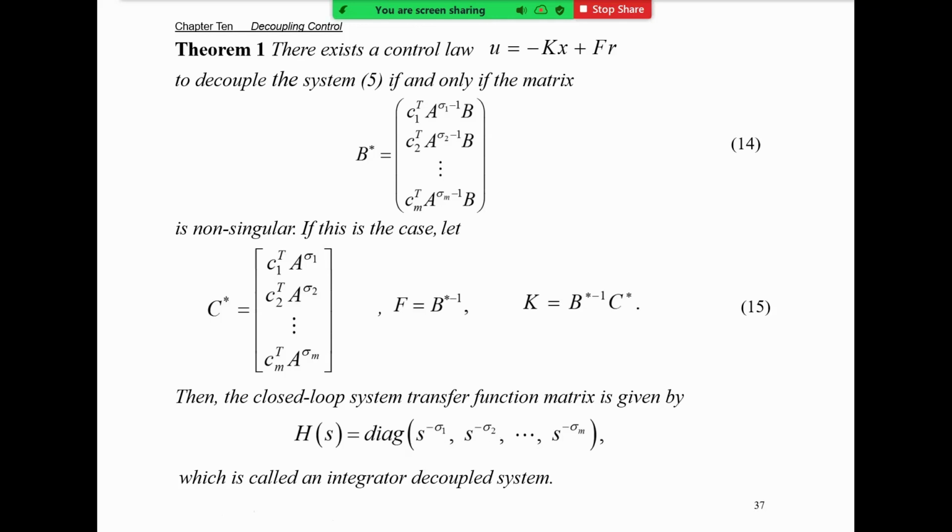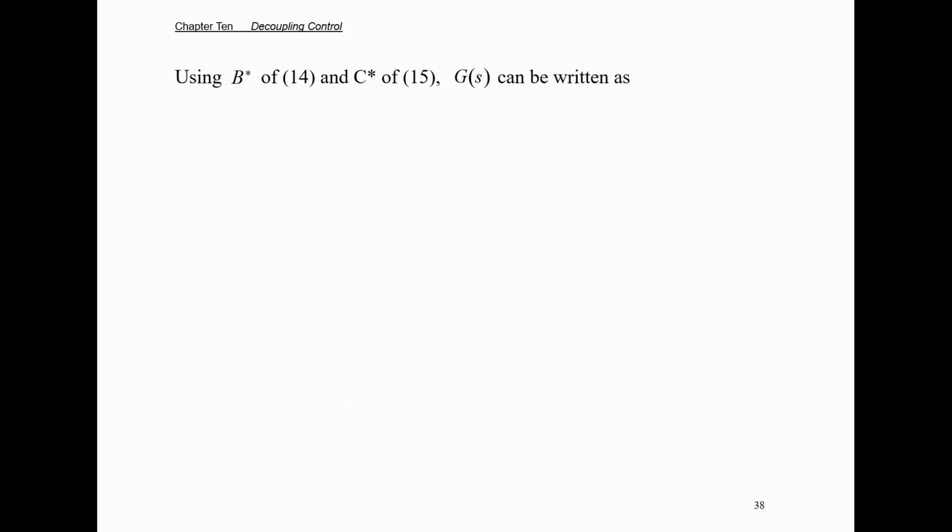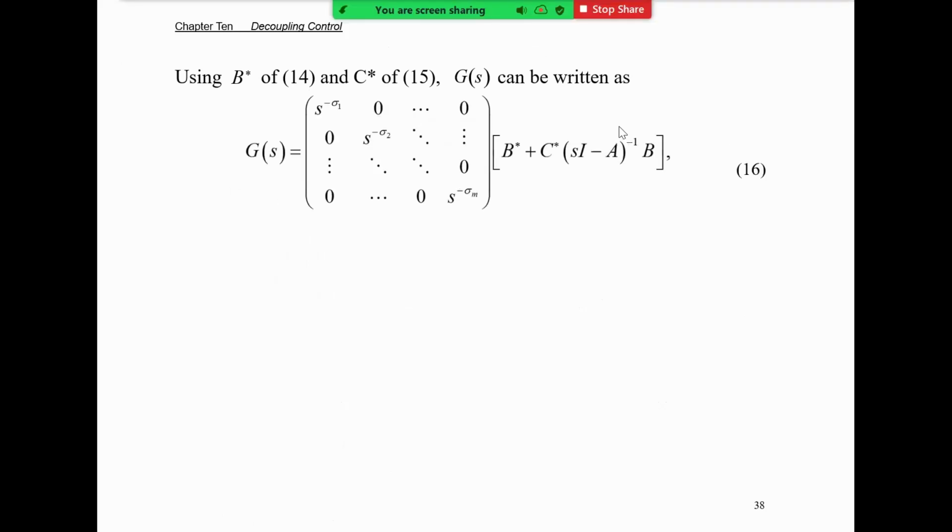Now here comes the answer. You will be able to say clearly why we want to put the transfer function into that special form. We spent a lot of time on this. This is the key equation to understand the decoupling.